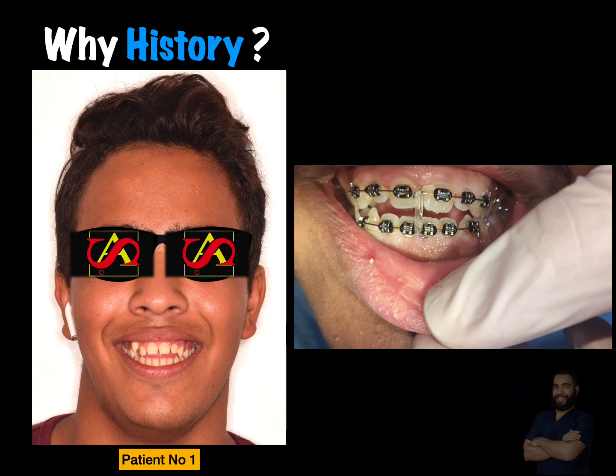That habit is called tongue thrust. You should put in mind that the history of the patient is very important in the etiology of the case, because a tongue thrust may affect the stability of the case after that. The history is very, very important before starting the treatment.